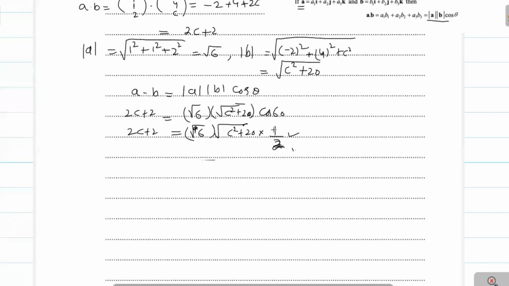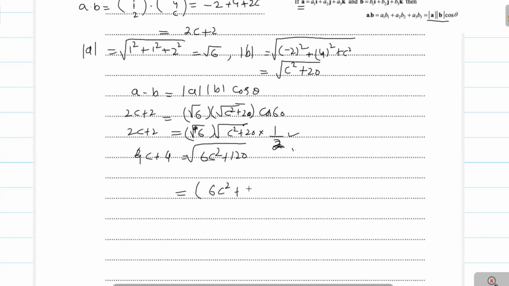Now we shift this value 1 over 2 from right to left side. Therefore, we can write this 2C plus 2 multiplied by 2. This value become 4C plus 4. And this equal to, we can write it as 6C square plus 6 multiplied 20 is 120. Now we take the square on both sides.